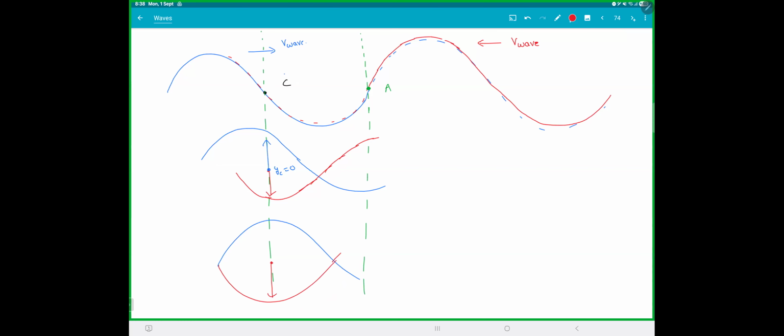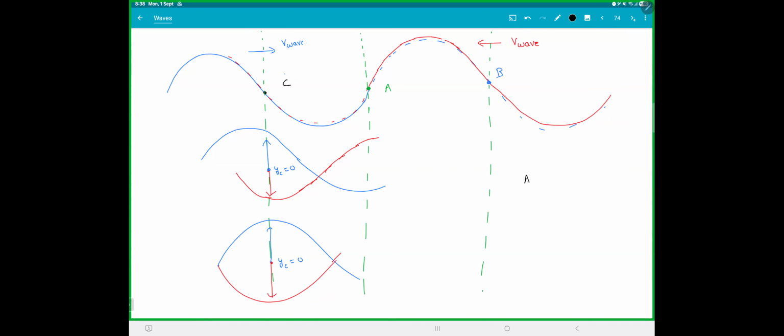Again, this is being pushed down and this is being pushed up. Again, displacement of C is 0. Again, same story. No matter how long you wait, you'll observe C will never move. And you will notice there are multiple points like this. So if that is C, let's call this thing B. And you will see a lot of points here. All these points will have 0 displacement. They will never move.